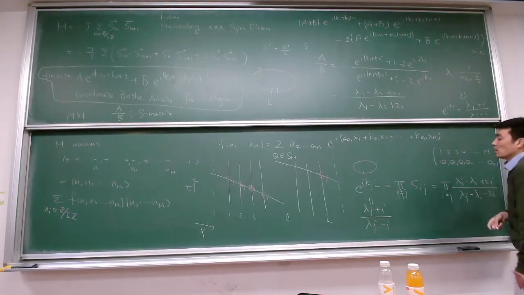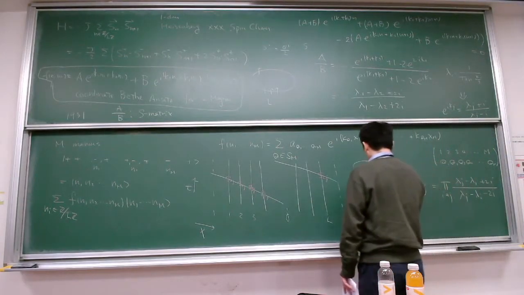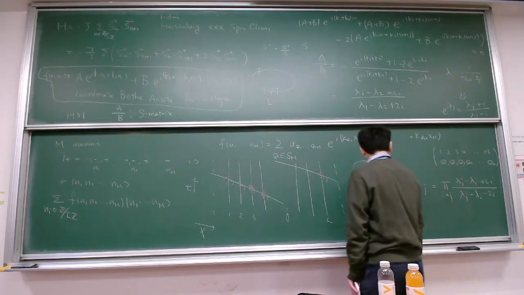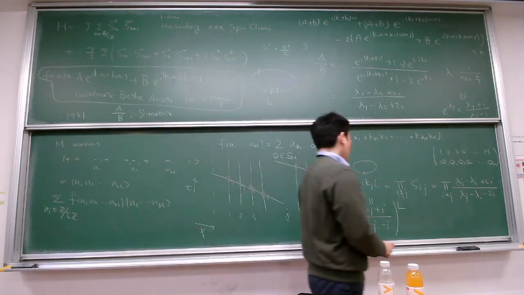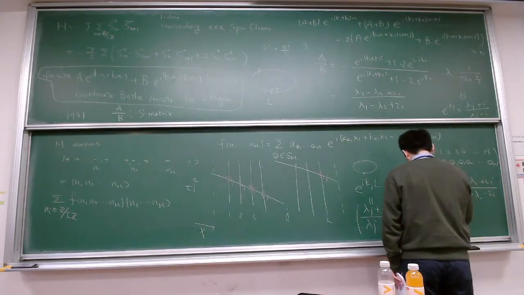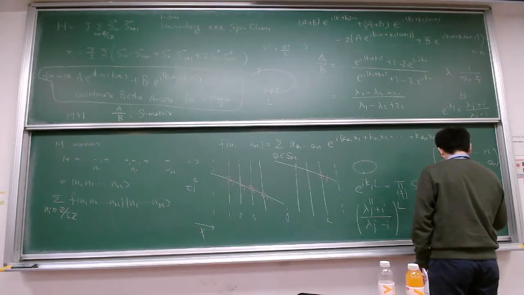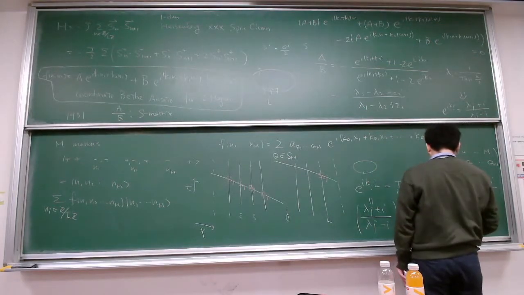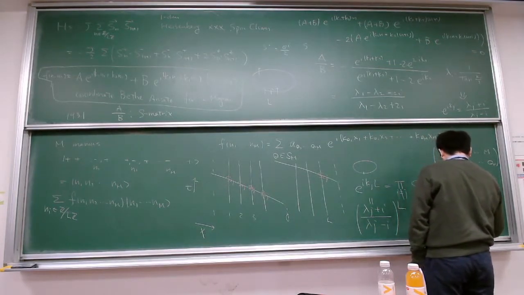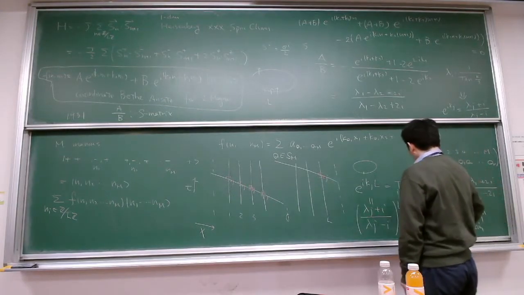And you have a power of L. So therefore this is the celebrated Bethe ansatz equation of the Heisenberg XXX model.